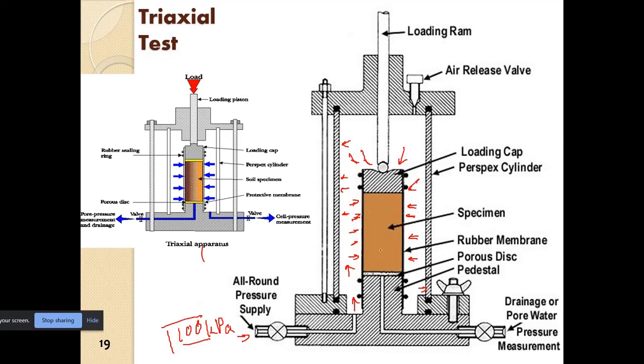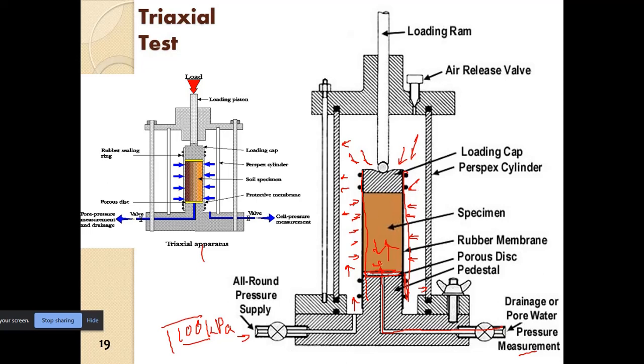Now once that is applied, we can control the drainage of the water from the soil or into the soil, or we can measure the pore water pressure variation in the soil through the attachments which lead directly into the soil sample. We have the porous stone here, and the rubber membrane is encasing the entire soil, so there is no chance of water seeping into the soil from the cell.